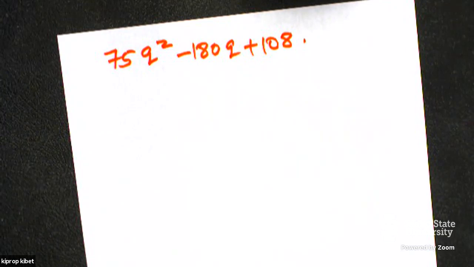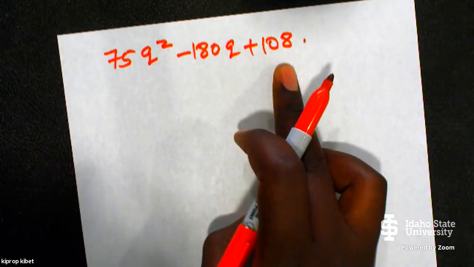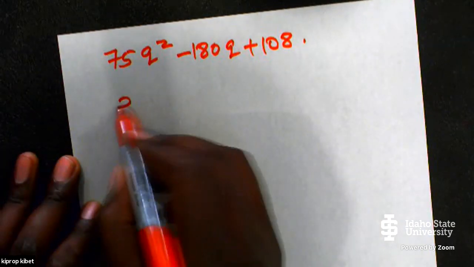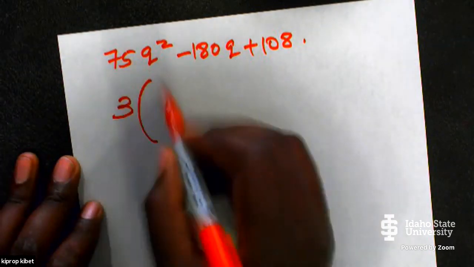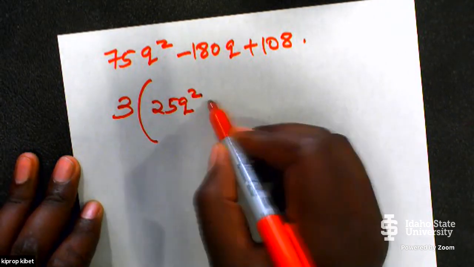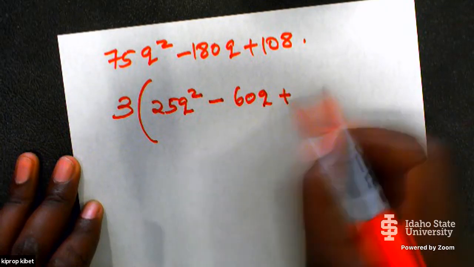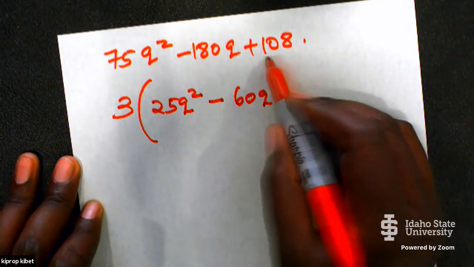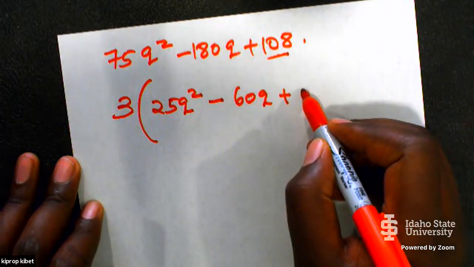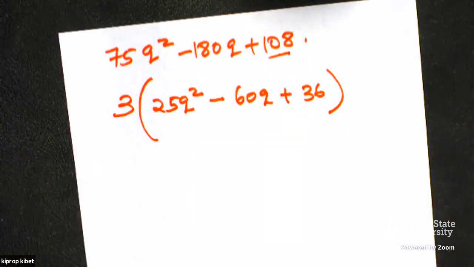So we said we factor out the common factor there, which was 3, right? So 3 outside, and then what you remain with is 25q squared minus 60q plus 36.